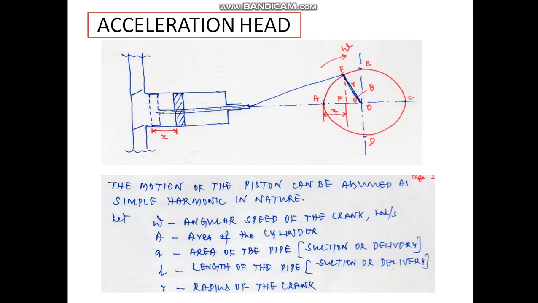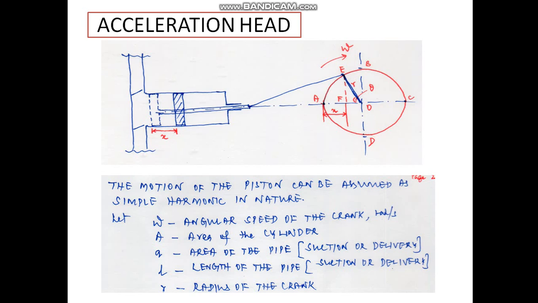So x is the displacement of the piston inside the cylinder, and that is happening in a time t. And at the same time t, the crank moves from A to E. So A was the initial position of the crank. By the same time t, it is moving from A to E, and its angular velocity is omega.